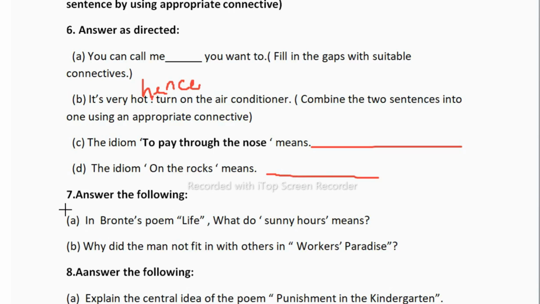So now under the 7th question and 8th question you will be having VSQ, very short answer questions from prose and poems. Now let us see A1. In Bronte's poem Life, what do sunny hours mean? First of all, this Life poem was written by Charlotte Bronte, which is an optimistic and hopeful poem.